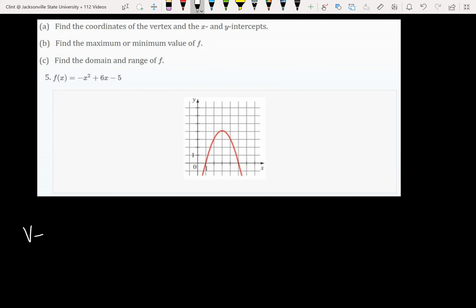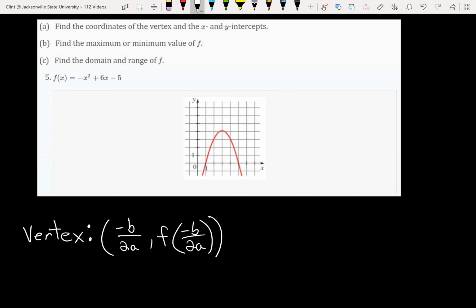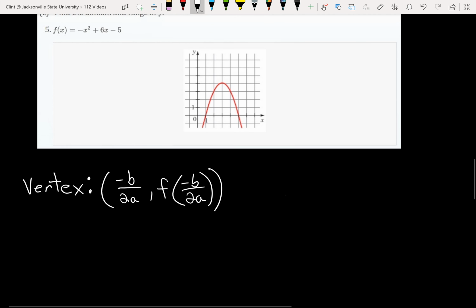First we're going to start with finding the vertex. And on this one it's not in standard form, so we're going to use the negative b over 2a and then f of negative b over 2a formula.